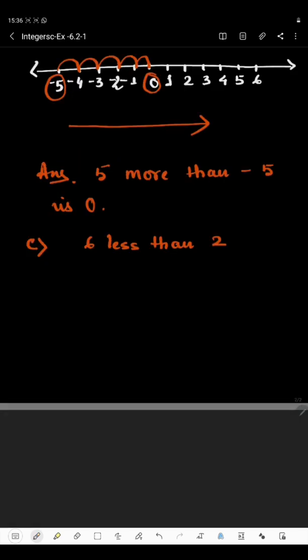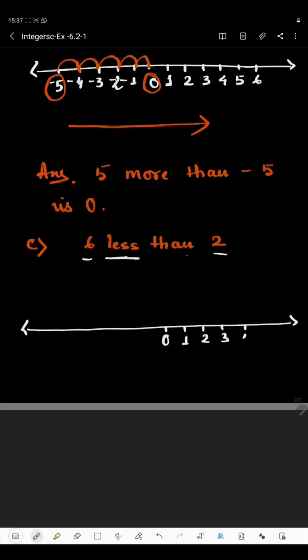Now let's come to the C part. In the C part we have 6 less than 2. Less means we will have to move to the left of 2. Let's draw the number line. Suppose here is 0, 1, 2, 3, 4, 5 and left of 0 is minus 1, minus 2, minus 3, minus 4, minus 5 and so on.